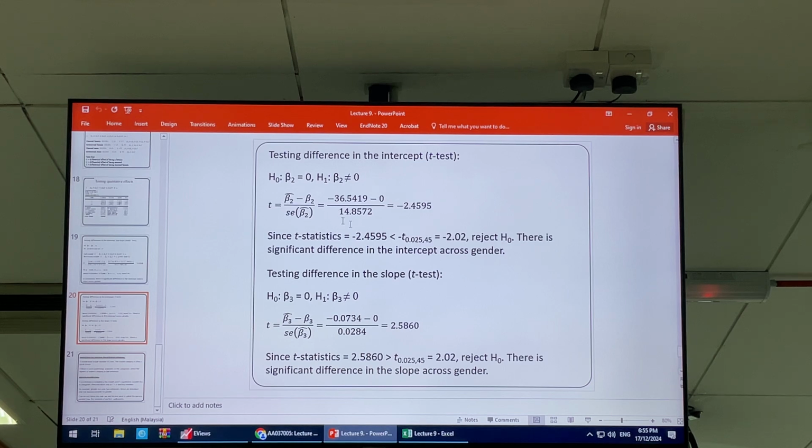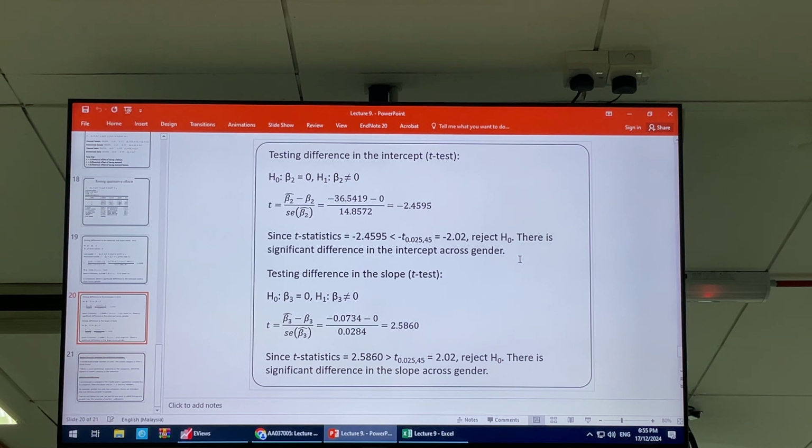If you perform the test by calculating the ratio, the estimate minus 0 divided by the standard error, you get negative 2.4, and comparing to the value from the table produces the same result. So reject, and conclude there is a difference in the intercept for male and female.